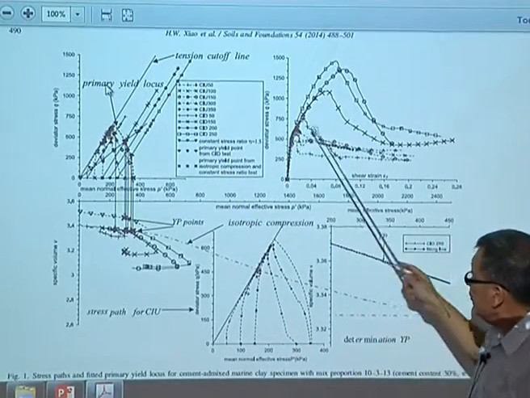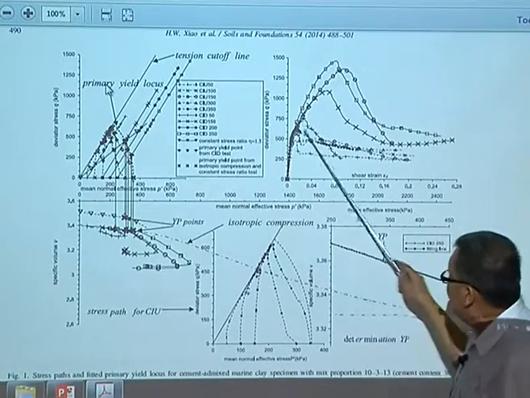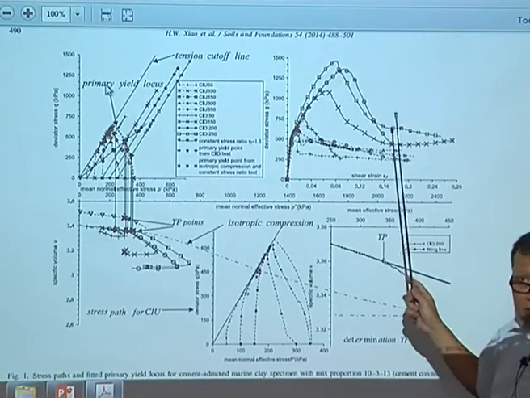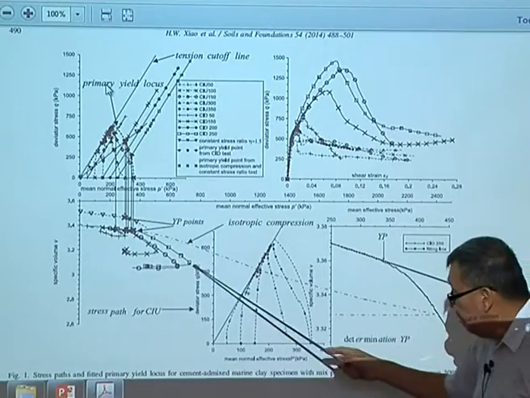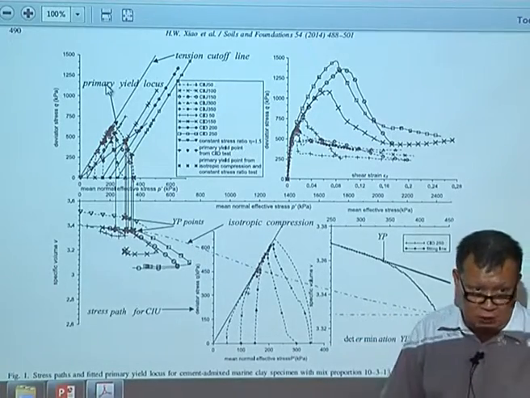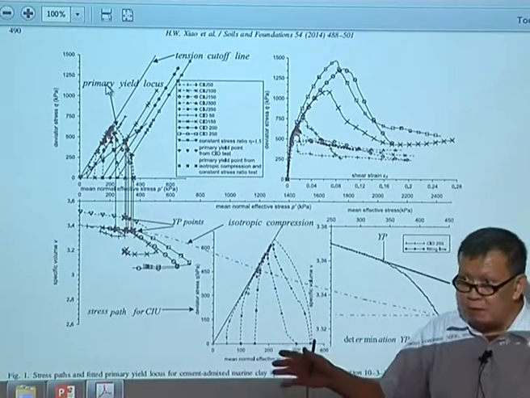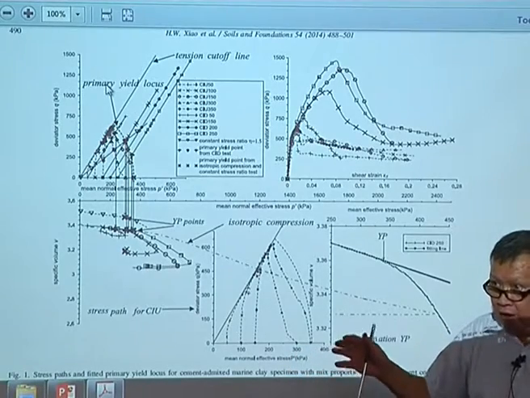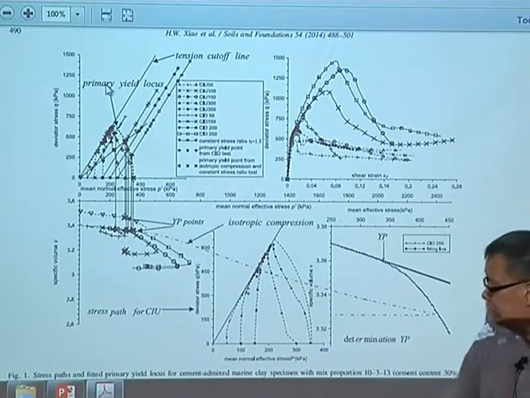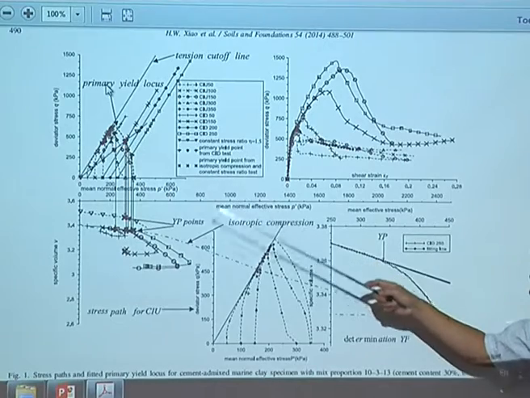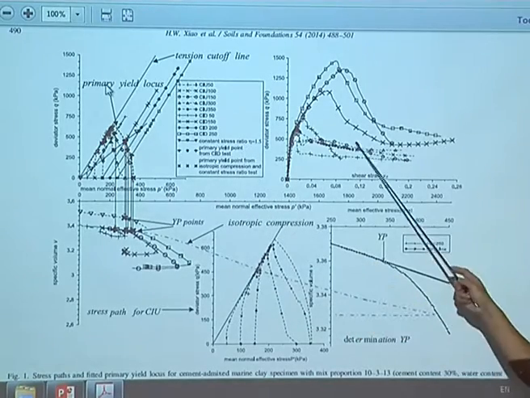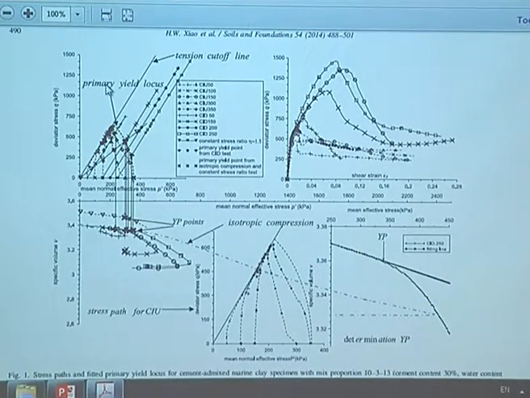So when you map this over to here, you can see how the stress strain curve is changing, how the compression curve is changing. It gives you a full picture of the complete response of the specimen in terms of the stress path, the compression, and the stress strain curve.